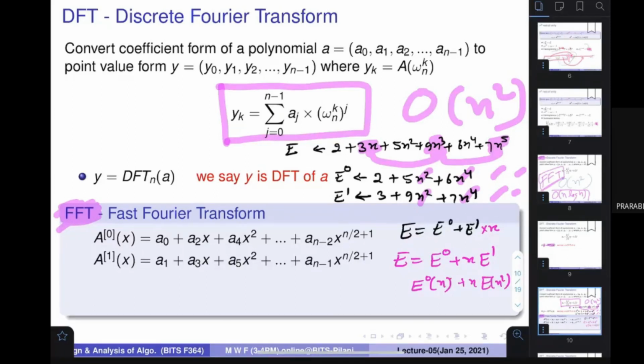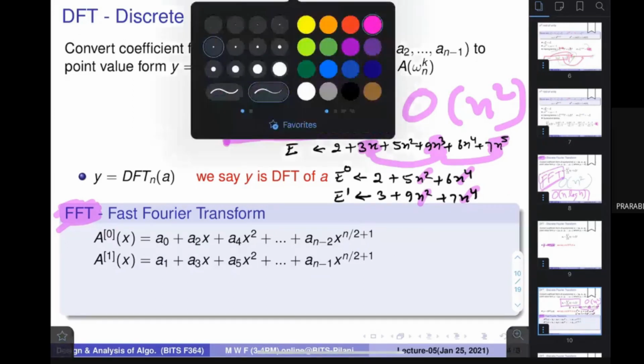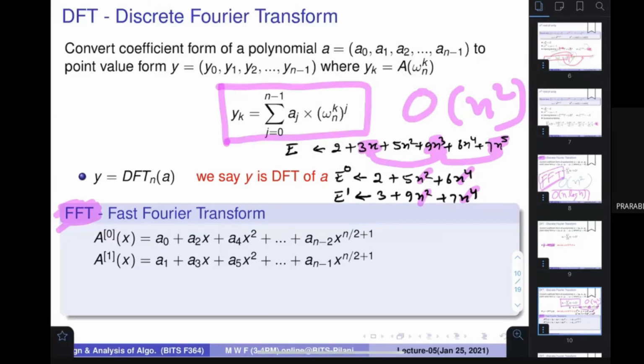What I wanted to tell is that now I am going to change my functions. If you understand this part, let me change my functions. Instead of writing this, I am going to write a different thing. I say that E0 is equal to 2 plus 5x plus 6x square plus dot dot dot.